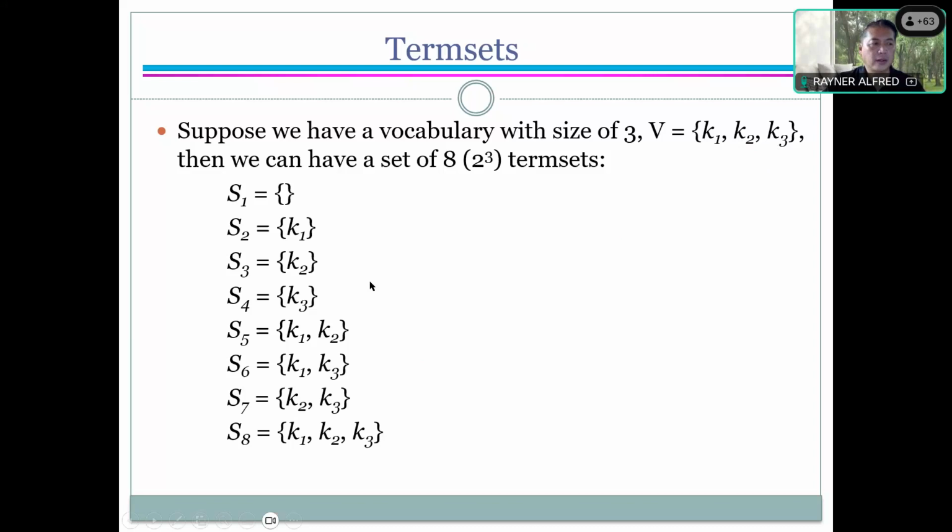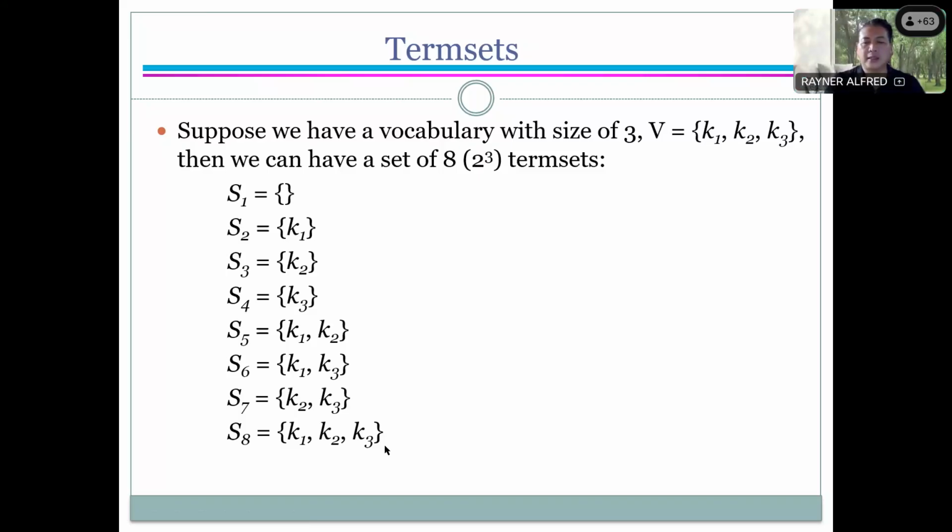Okay, but for example, if T grows up to 1,000, the number of patterns will be much bigger, right? Because you have to consider all patterns that you can generate based on the keywords that you have.